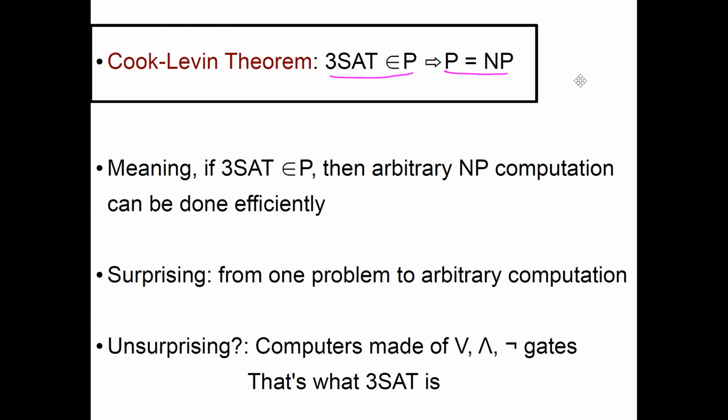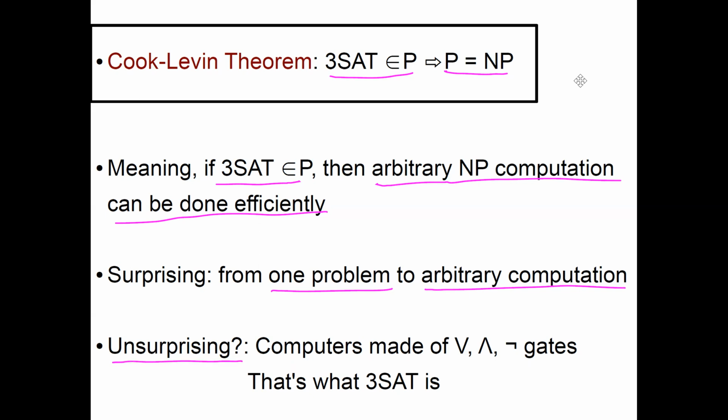Okay, the meaning of this is that if 3-SAT is in P, then arbitrary NP computation can be done efficiently. And this is somewhat surprising because you go from one problem, namely 3-SAT, to arbitrary computation. However, maybe it's not so surprising, right?